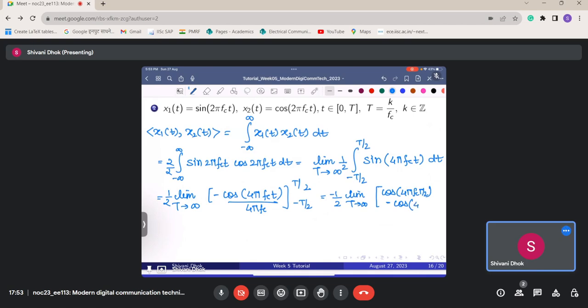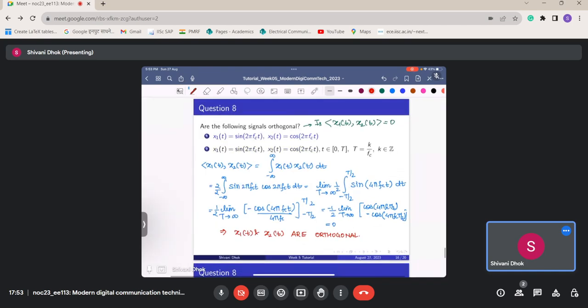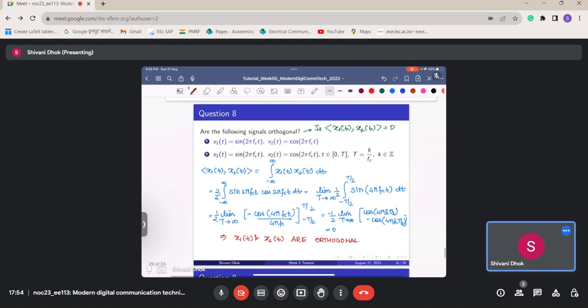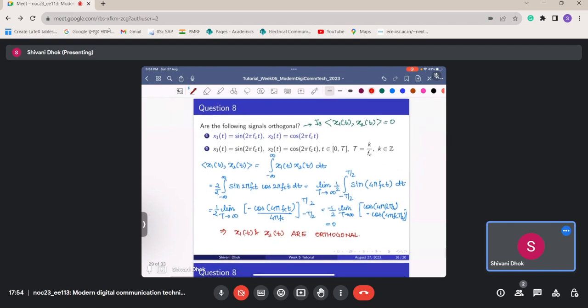So this is also equal to cos of 4 pi fc T by 2, which gives 0, which means that x1(t) and x2(t) are orthogonal. Is it clear?